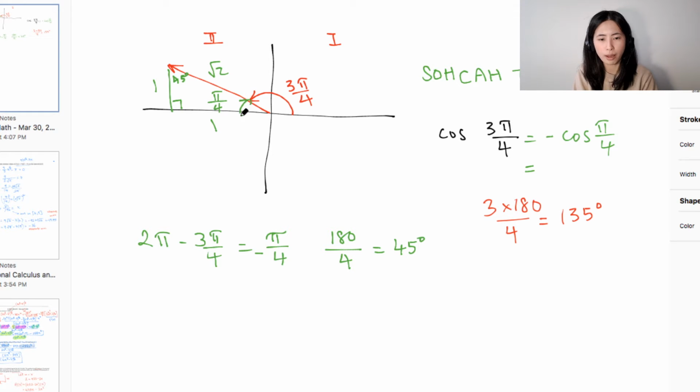So adjacent of pi over 4 would be this, so that means it's going to be negative because of that negative sign over there, and you have 1, over the hypotenuse, which would be square root of 2. So that's why you have a square root of 2 here, and because we want to rationalize, we can't have radicals in our denominator, therefore we need to multiply this by square root of 2.